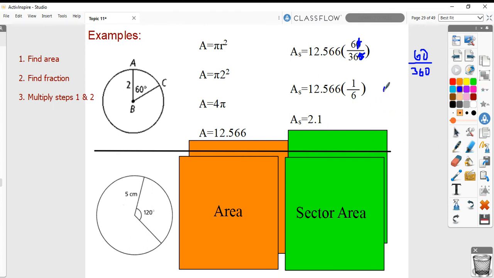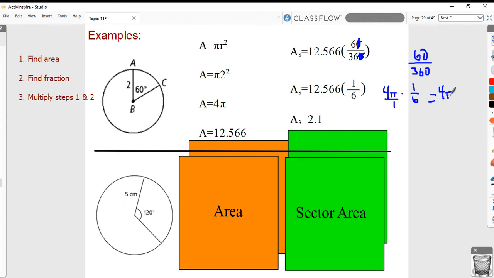Now I'm going to put this in a different way also. That's the same thing as 4 pi times 1/6, right? If we put that 4 pi over 1, multiplying across the top gives us 4 pi, and on bottom we've got 1 times 6.